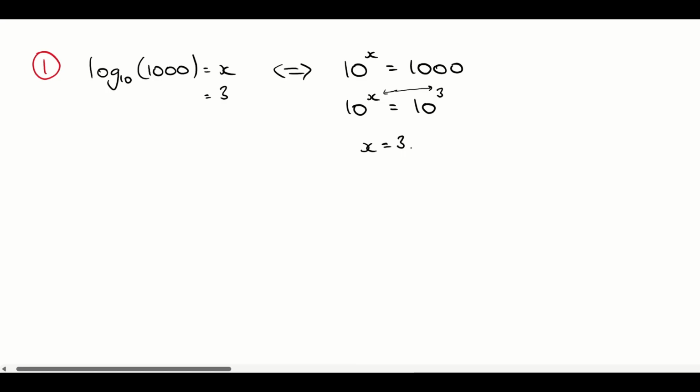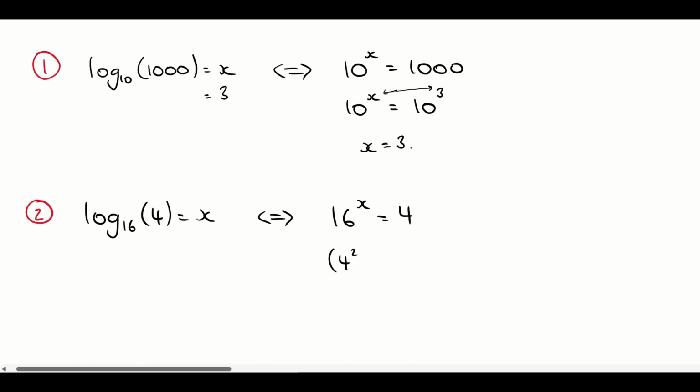If we take a look at another one, let's try and work out what log to the base 16 of 4 is equal to. So that's equal to x, and we want to work out what x is. Well, if we convert back to the indice form, 16 to the power of x is 4. Now I can write 16 as 4 squared, to the power of x, is equal to, well, this is just 4 to the power of 1.